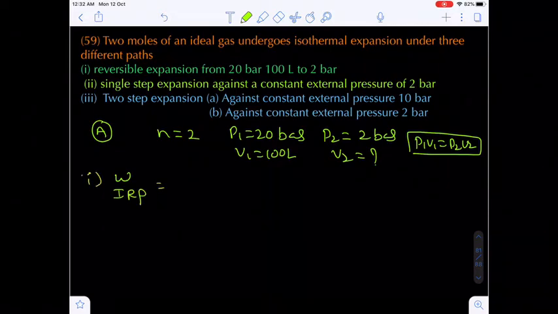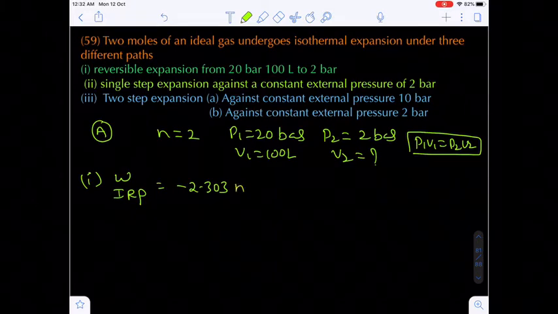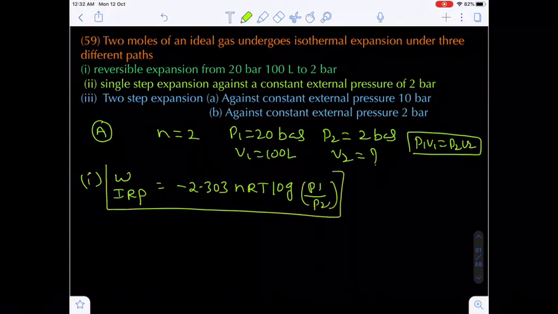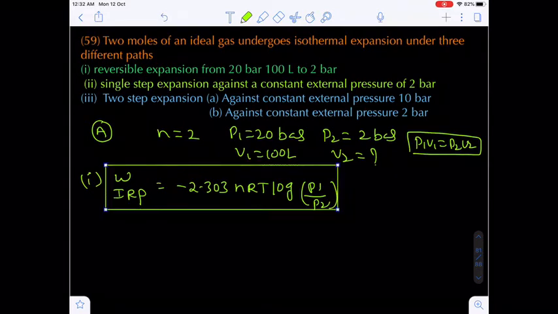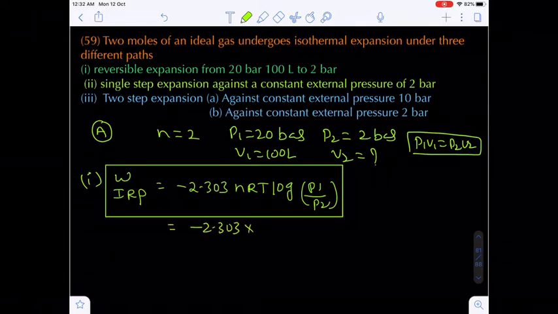That is the first question. Question number 1, isothermal reversible expansion. What is the general formula of work done in isothermal reversible expansion or compression? Minus 2.303 nRT log of P1 by P2. Remember, pressure we know, P1 we know, P2 we know. That's why we are writing P1 upon P2. Now, what will be the n value here? 2 moles. R value as it is.